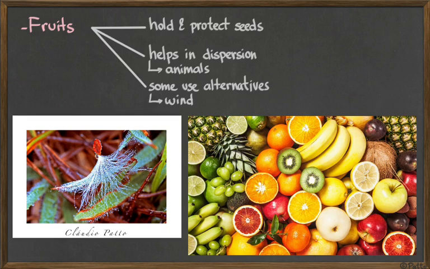There are seeds that grow inside fruits, and the fruits open and let the wind take them on and on. And there are other strategies. We are going to have an entire class about that later to show you how the fruit and the seeds can get dispersed, taken away from the place where the mother plant is.